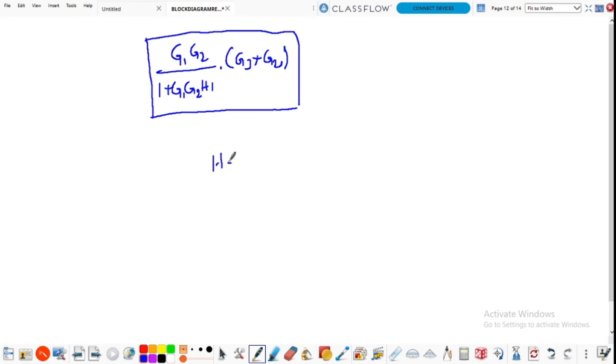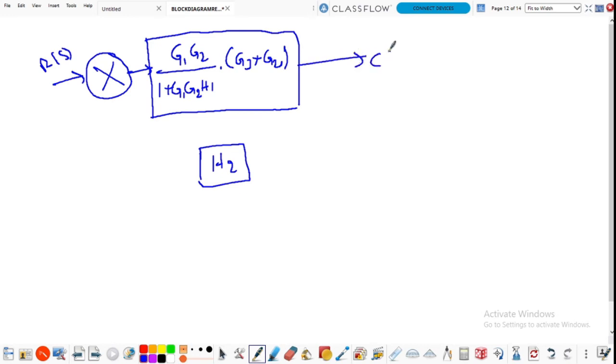And here the feedback element is H2 with the summing point. Input is R of S and output is C of S, and this is positive feedback. And finally, eliminating the feedback loop.